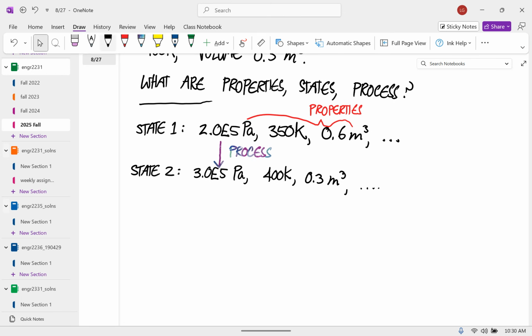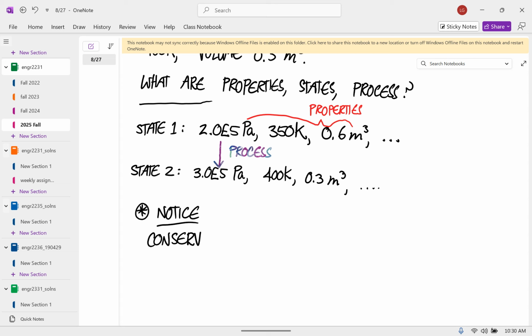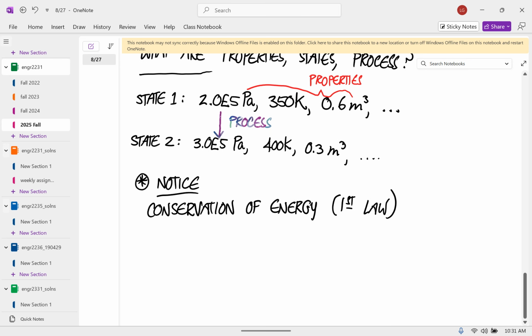So notice that conservation of energy, which is the first law, always deals with processes, because you're talking about heat being added, work being added or removed.